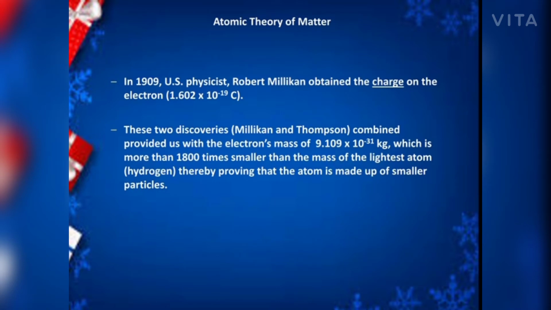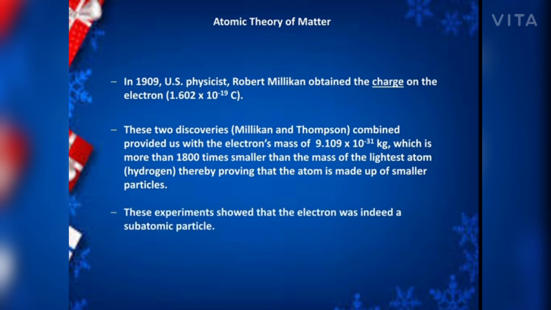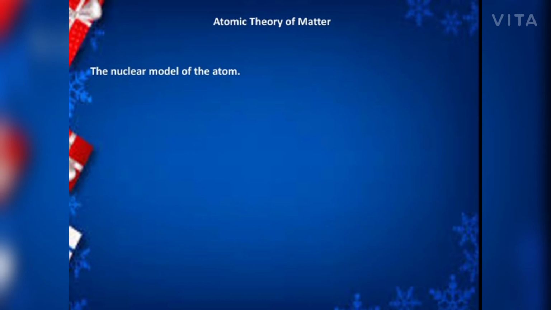These two discoveries, the Millikan and Thomson experiments, combined provide us with the electron mass: 9.109 × 10^-31 kilogram, which is more than 1800 times smaller than the mass of the lightest atom, hydrogen, thereby showing that the atom is made up of smaller particles. This experiment shows that the electron was indeed a subatomic particle.